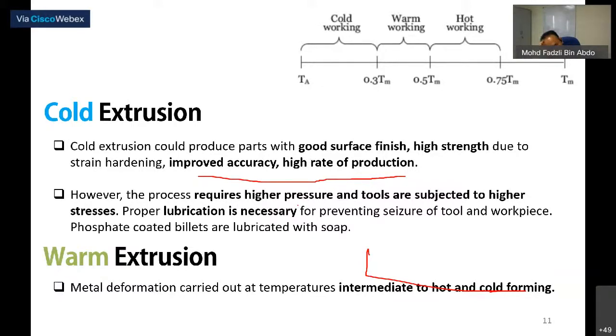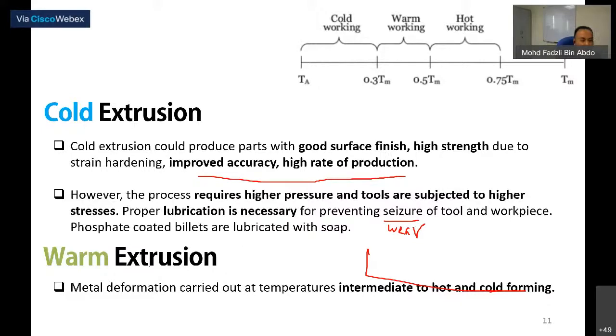And then proper lubrication is necessary, of course, because the pressure is high, so that proper lubrication is necessary for preventing seizure of the tool. Seizure ni lebih kepada maksudnya wear, maksudnya tool tu wear, and the workpiece. Prevent seizure ni lebih kepada wear lah, wear ataupun haus. Okay, phosphate coated billet are lubricated with soap.